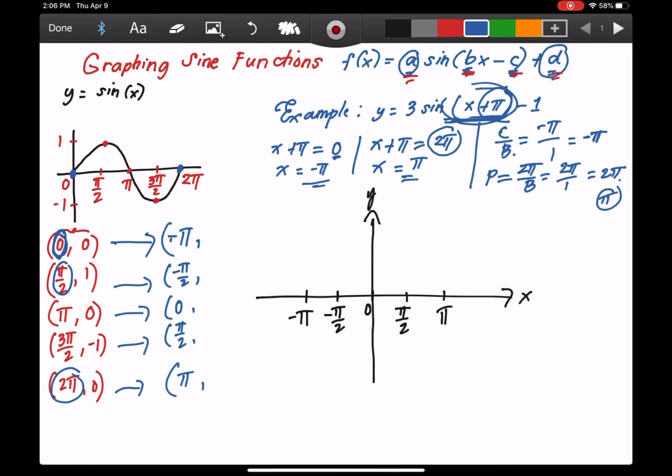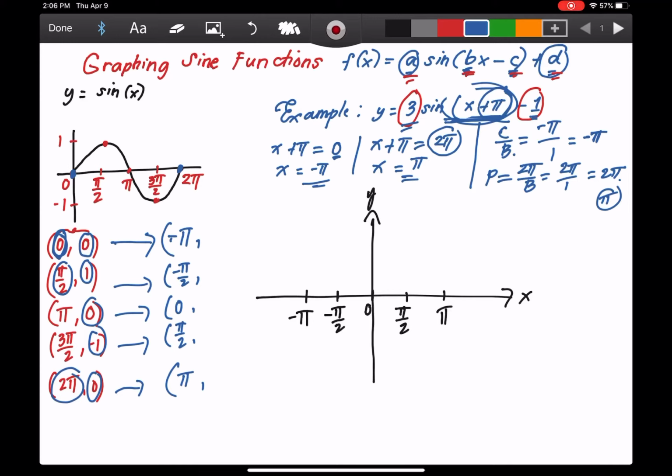Next, what about this 3 here and this negative 1 here? I mentioned earlier that they will transform your y coordinates. All the y coordinates here, 0, 1, 0, negative 1, and 0, will be multiplied by 3, and then we subtract 1.